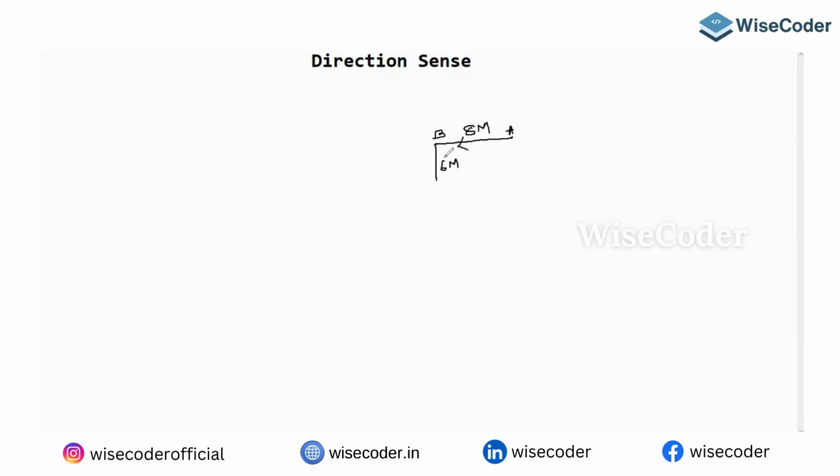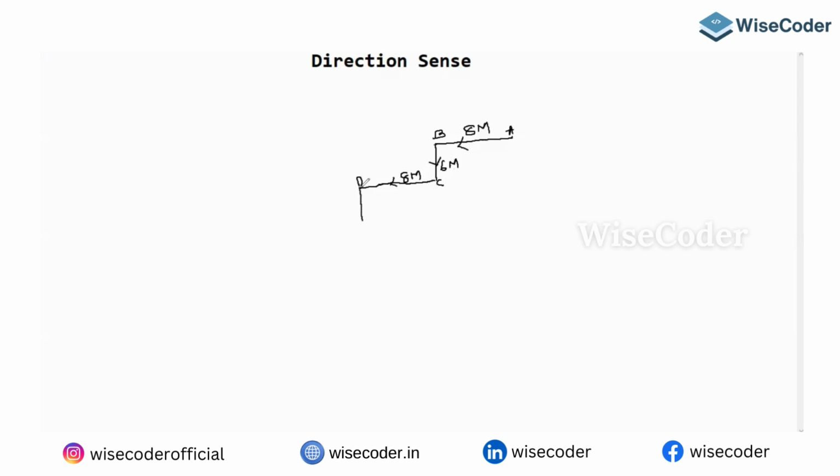From here, 8 meters towards west again. So from this position he's traveling 8 meters on the west side. Let's take this point as D. From this point, he is traveling 4 meters towards south.